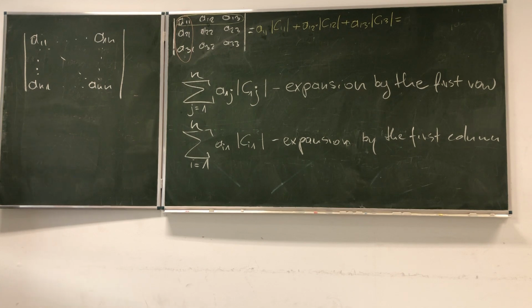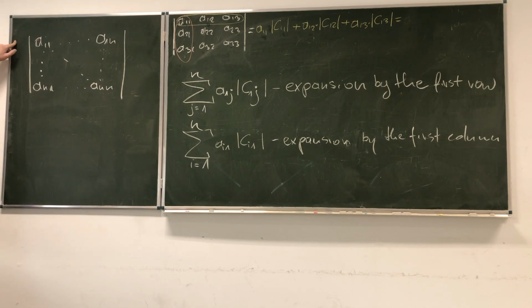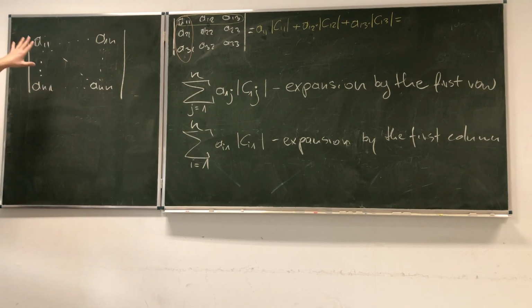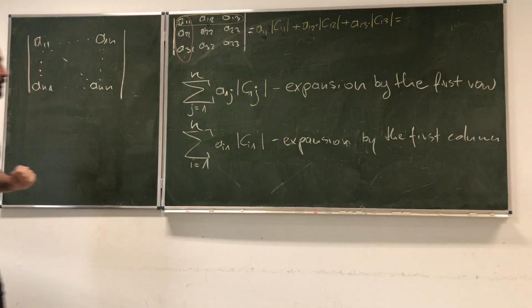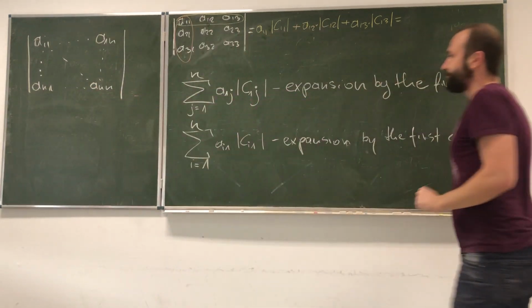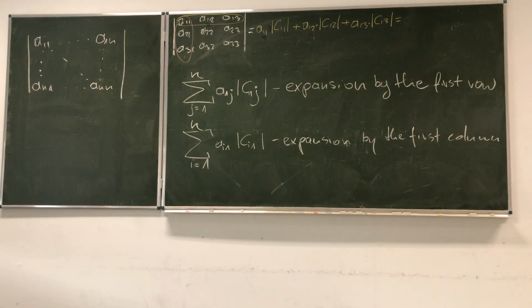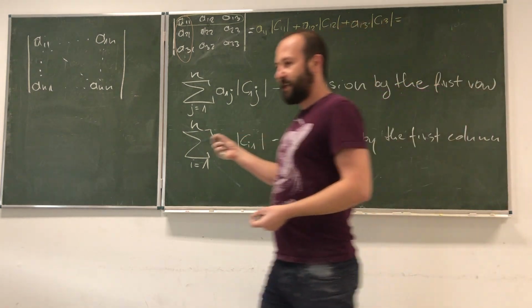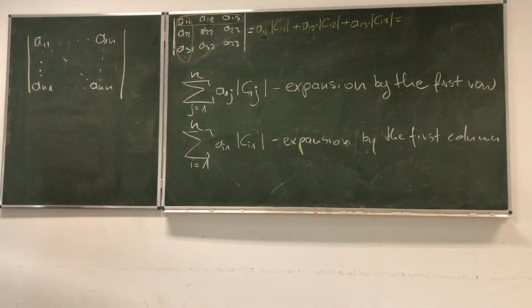And look, if I want to make a Laplace expansion of this determinant with respect to the first row, this definition is now correct, and by the first column, this definition is now correct, right? But what if I want to include the fact that I can do it by any row or any column?